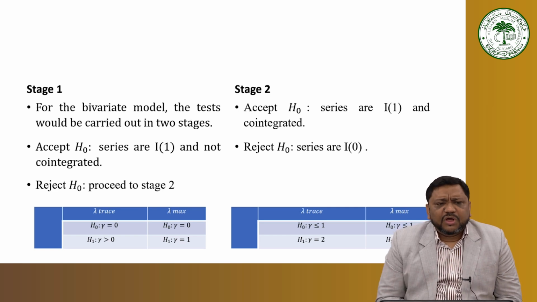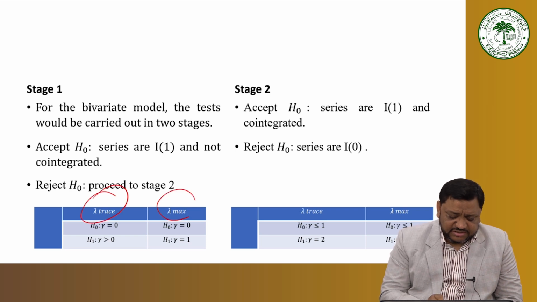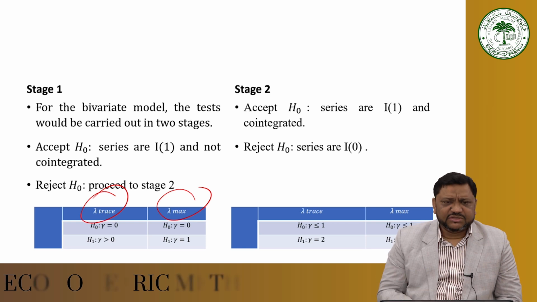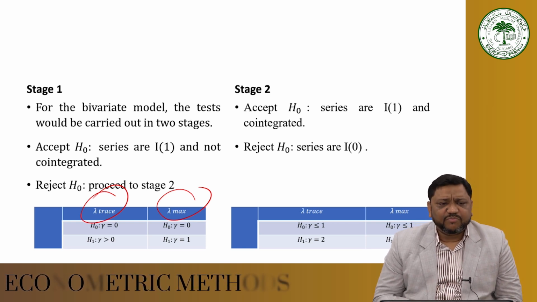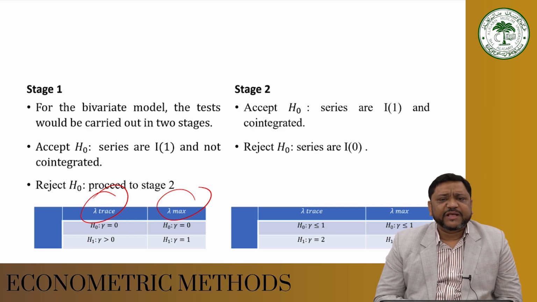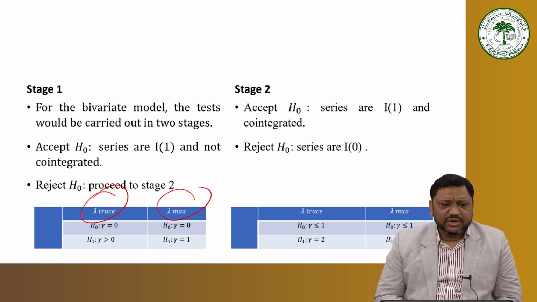So one thing more, here we basically have two statistics, that is the trace statistic and the max statistic. The estimation is done in such a way that for a bivariate model the test will be carried out in two stages. We accept H naught when the series is I1 and not cointegrated, and the alternative is to reject H naught, which means we proceed to stage 1.